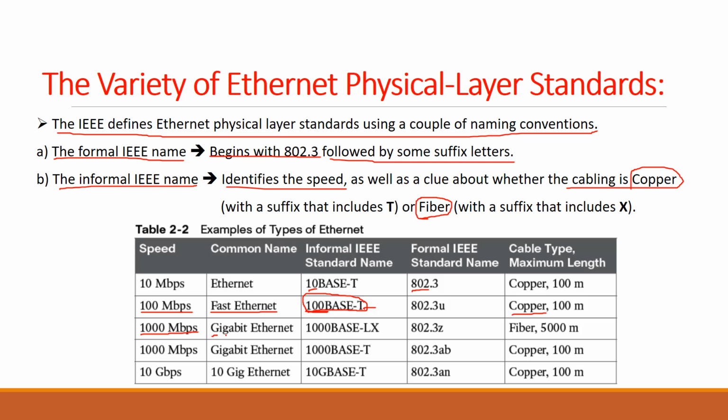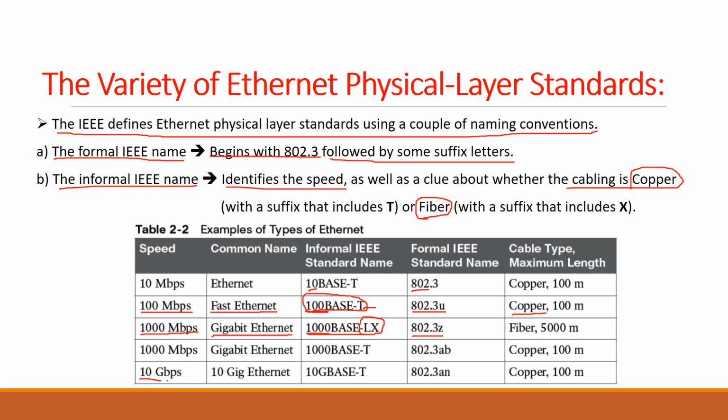It is called Gigabit Ethernet, and the informal name is 1000 base LX, and LX here uses fiber optic cabling and speed 1 gigabit per second, and the formal IEEE standard name is 802.3z. For fast Ethernet, the formal IEEE standard name is 802.3u.